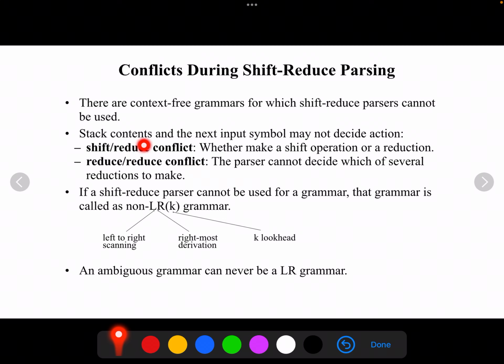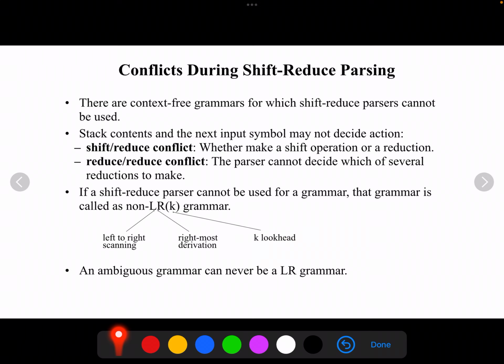Okay, so in order to avoid this problem, we have LRK grammars, non-LRK grammars. LR stands for left to right scanning, R stands for rightmost derivation that we are applying, and K means we are not looking at only one lookahead like our previous shift reduce parsing, but we can also look at K number of input symbols to decide which action to be performed at that point of time.